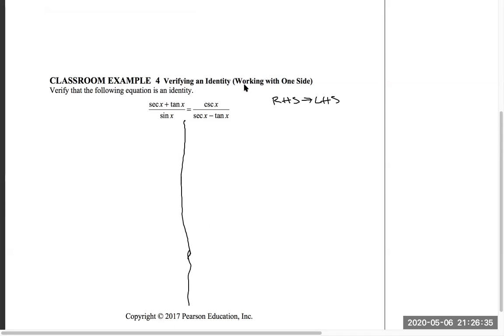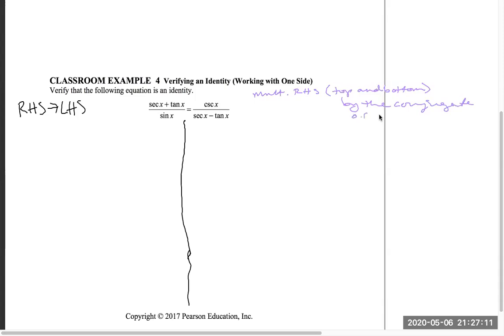Okay, so this is where we're going to want to use conjugates. All right, so we're going to start by multiplying the right-hand side, top, bottom, by the conjugate of the denominator.